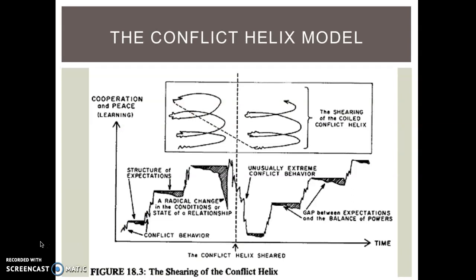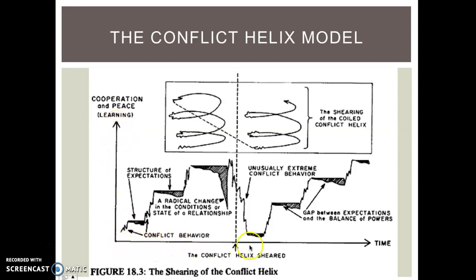So this is the illustration of the model. And obviously it looks a little bit complex, but I want you to notice a few different features. So first of all, the axis here is describing a state of peace and learning. So down lower is going to be a state of conflict and war, and up towards a higher degree, as the line moves higher, it's moving towards peace.